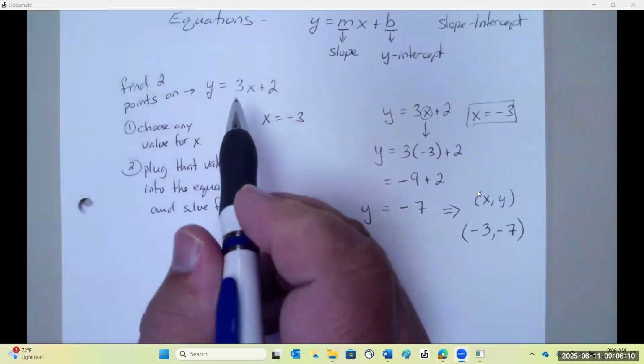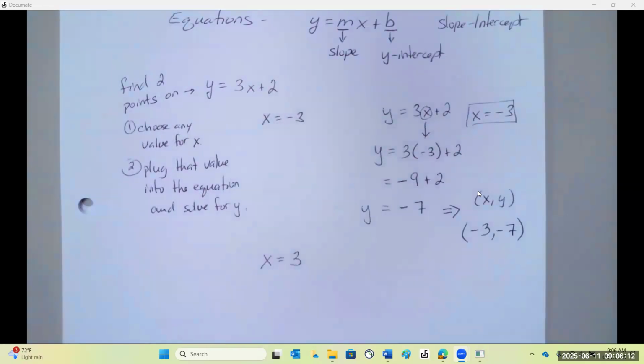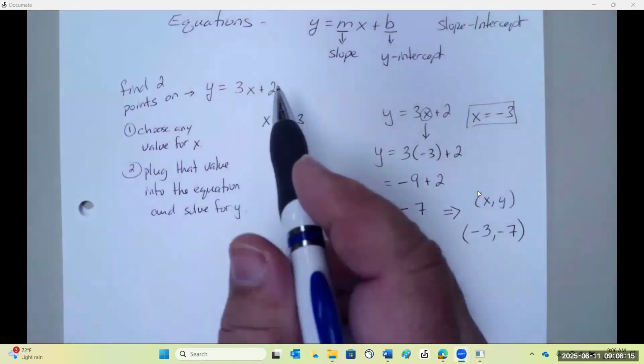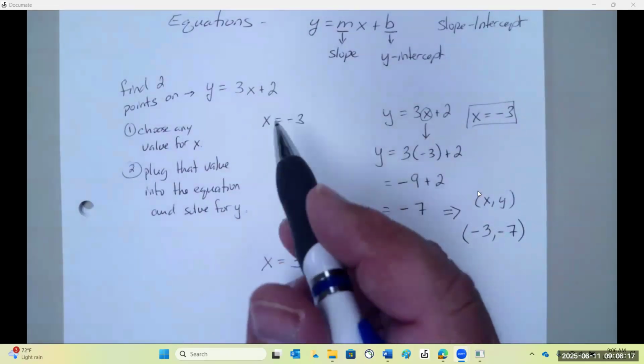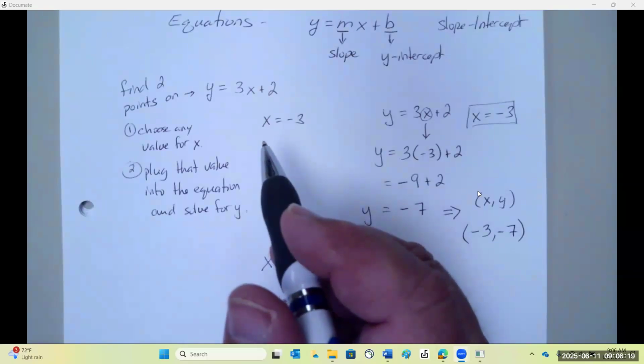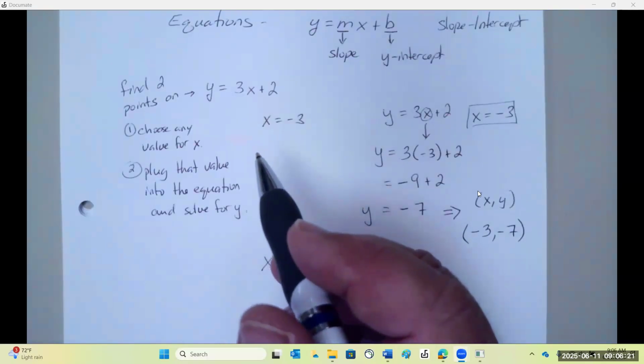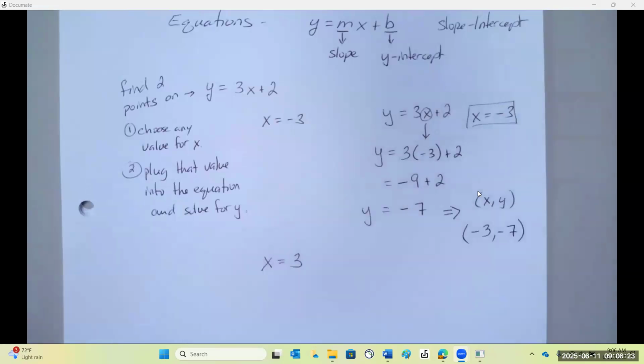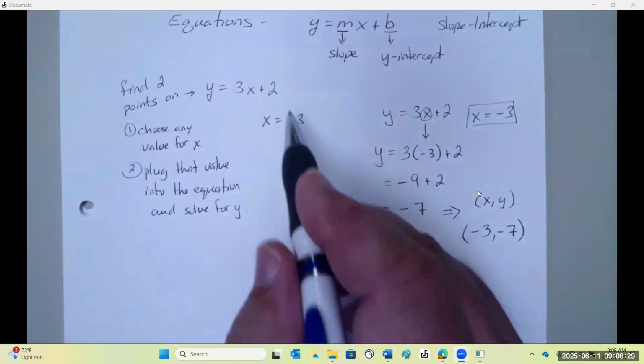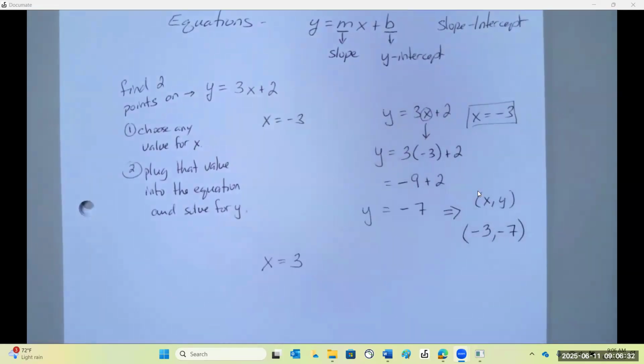A root works for square roots, radicals. So it doesn't have an exponent or a square root or radical. So we know because of that, it's linear. What do we know about straight lines? In order to draw a straight line, what do you need? 2 points. So once we find 2 points, we plot them and draw it.